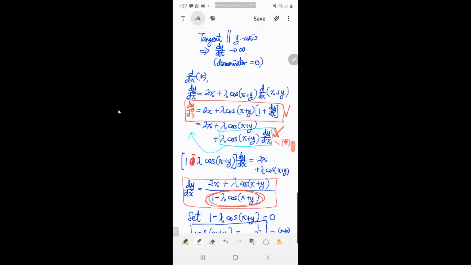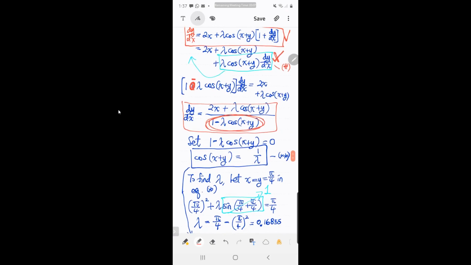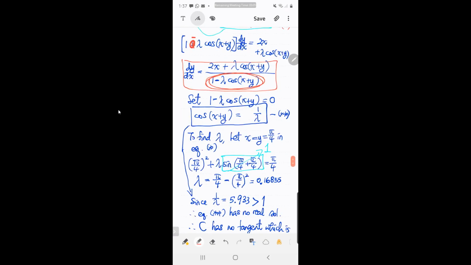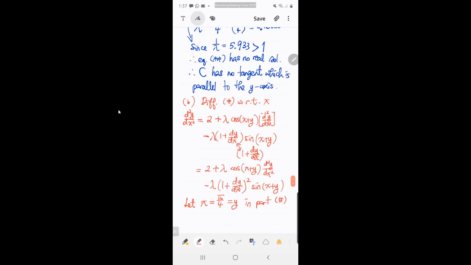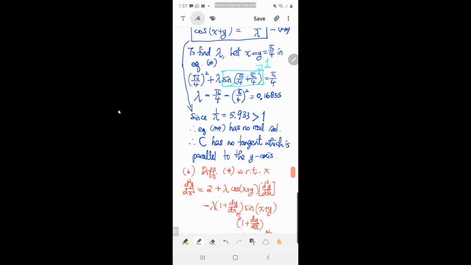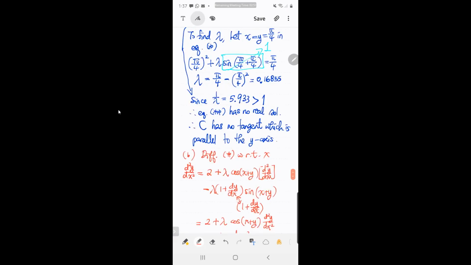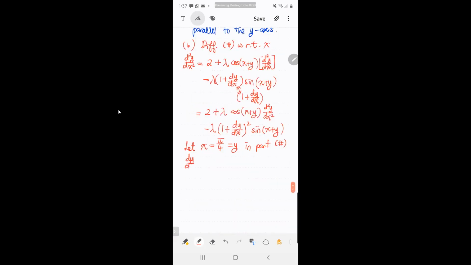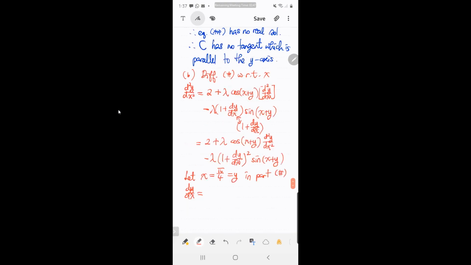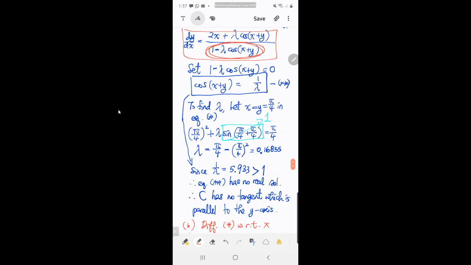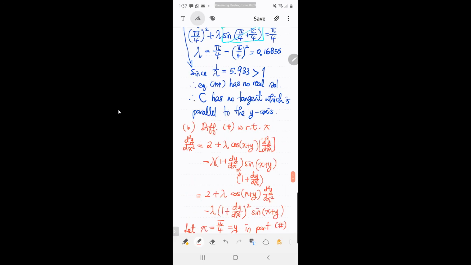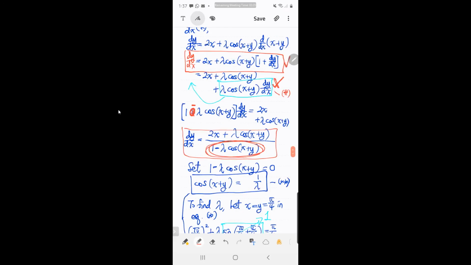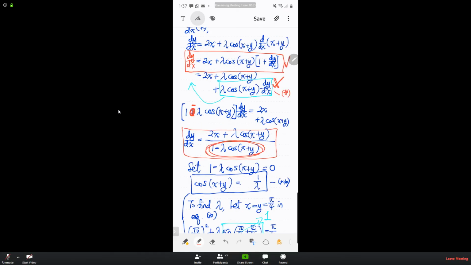So dy dx is equal to, in part 1 in equation hash, 2 times x, so pi over 2, followed by lambda times cos pi over 2. Oh, that is fantastic, 0 straight away. So you get dy dx equals pi over 2 only.